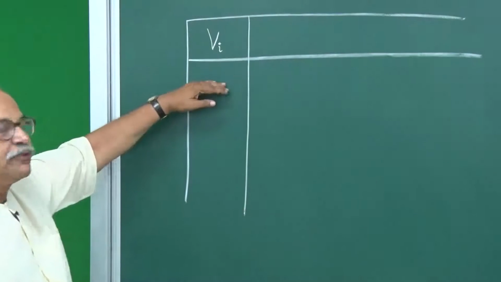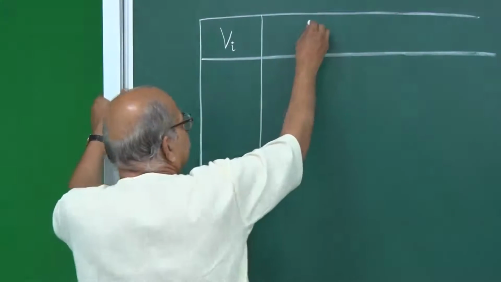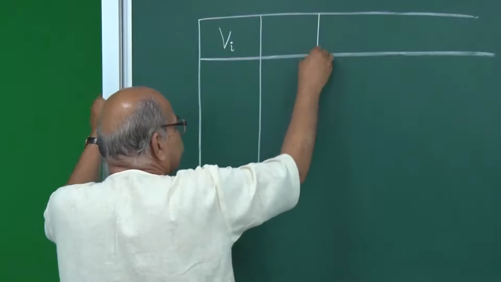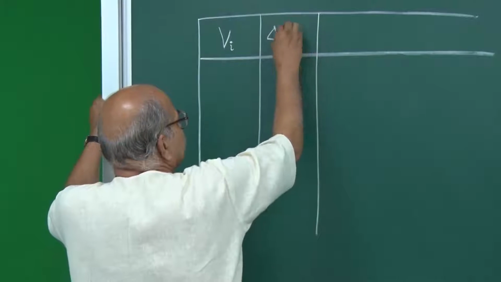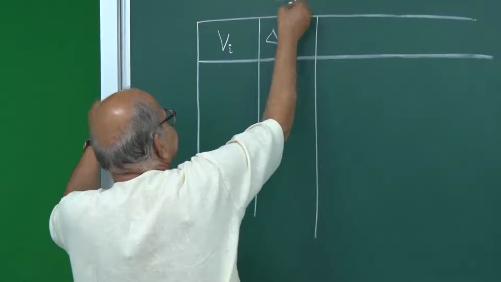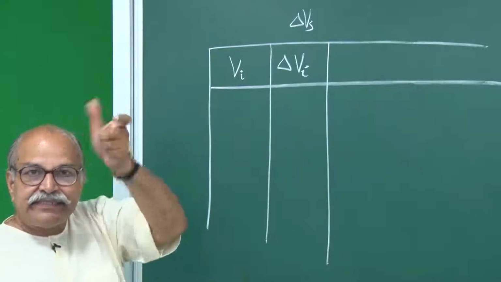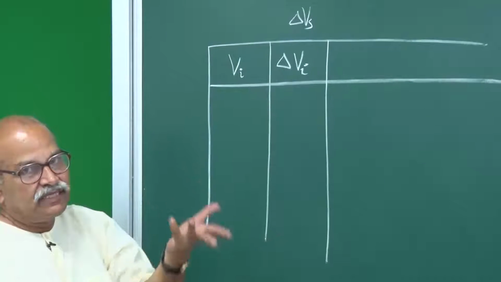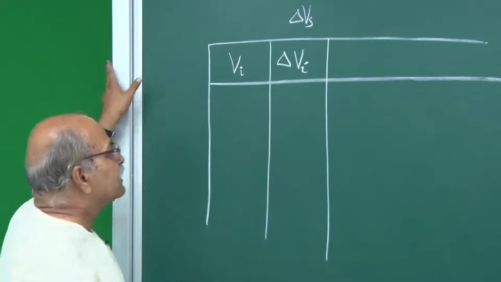So, different input voltages we will write here, and then this column is for delta of Vi, which is same as delta of Vs, right. Whatever change in the input voltage, that is the change in that signal, because VBB is always fixed in a given circuit.